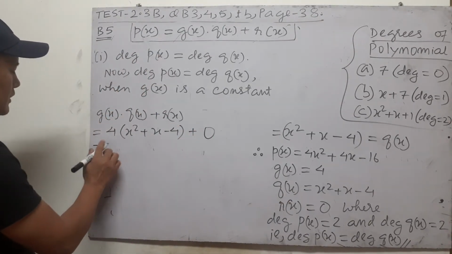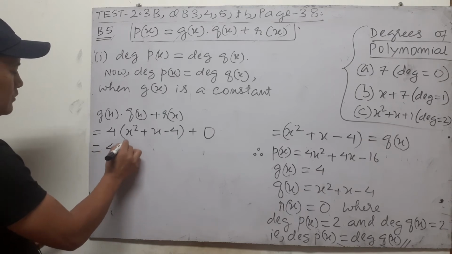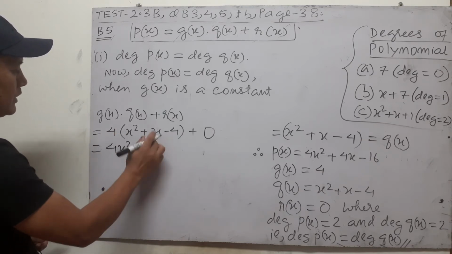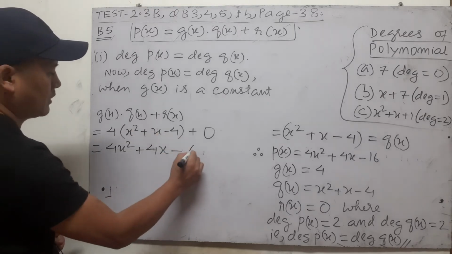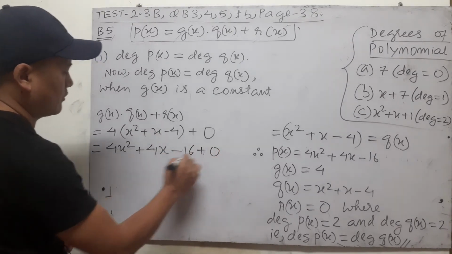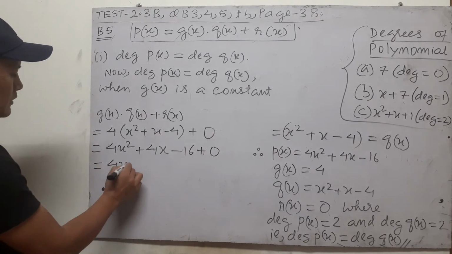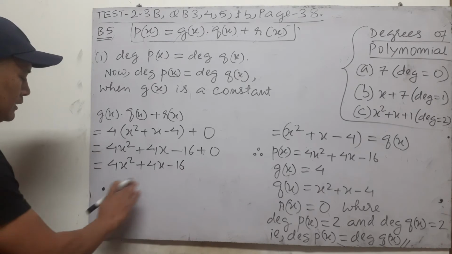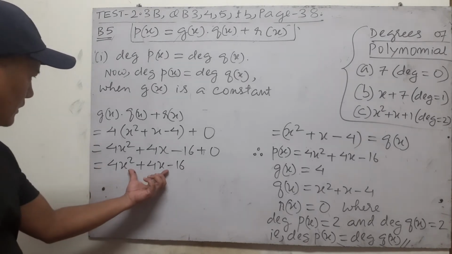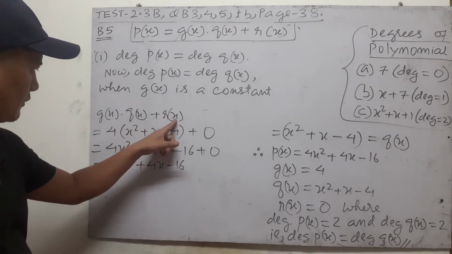So continue doing it. 4 into x squared, 4x squared, plus into plus, plus 4 into x, 4x, plus into minus, minus 4 4s are 16, plus 0. So here 4x squared plus 4x minus 16 plus 0, it can be neglected. Now look at this, g of x into q of x plus r of x.